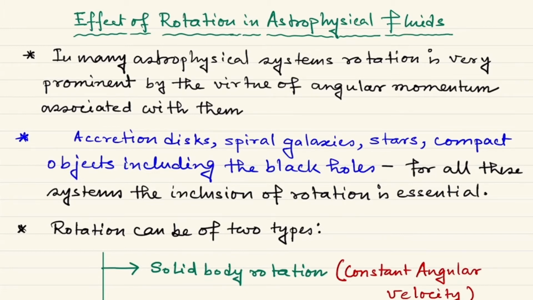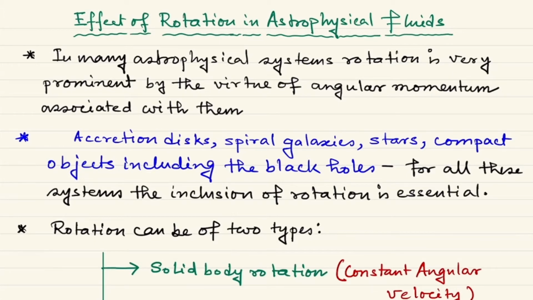For distant stars or distant objects where you cannot see directly, you have several other evidences. One evidence is that you can detect rotation by virtue of the angular momentum associated with them, for example for a distant accretion disk or a spiral galaxy.